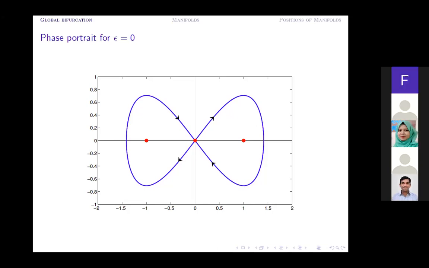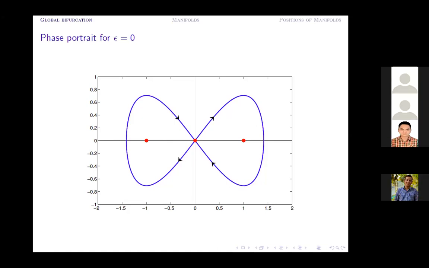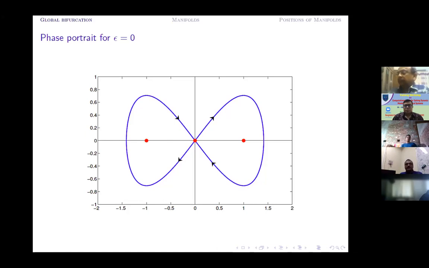Once you can see there is a change in stability behavior of the two other equilibrium points, that is -1, 0 and 1, 0, just try to understand from where the stable manifolds are coming to the stable equilibrium point and where the unstable manifold is going to settle down once the equilibrium points are unstable.